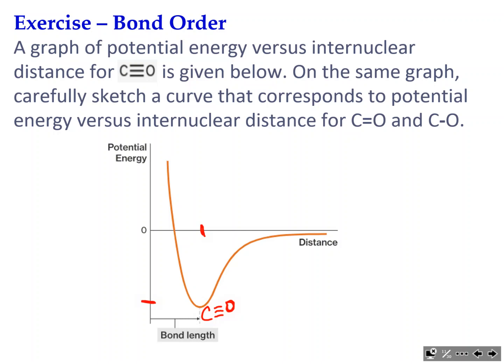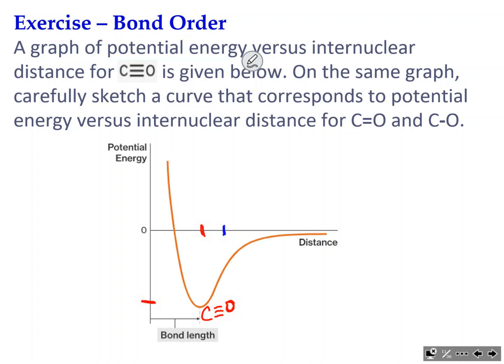Longer. And should it be stronger or weaker? Weaker, so it's not going to release as much energy, and the internuclear distance or bond length should be a little bit larger. So over here I should position where the dip is going to be a little bit to the right, and I'm not going to go down as far, right?